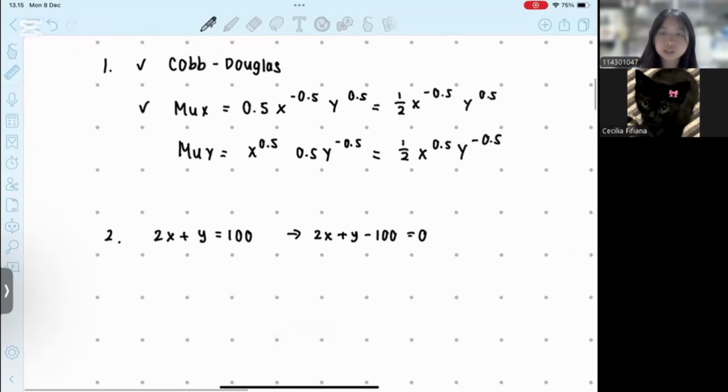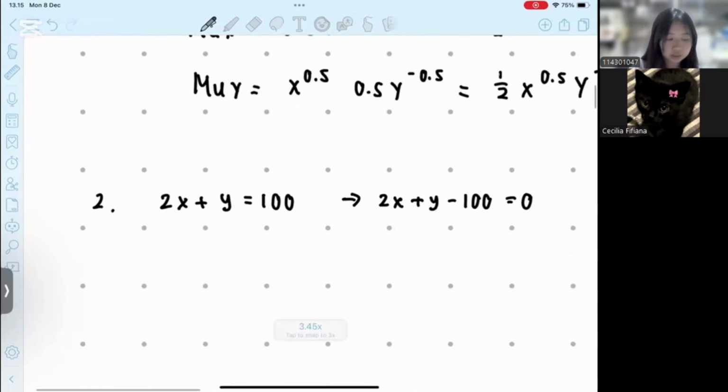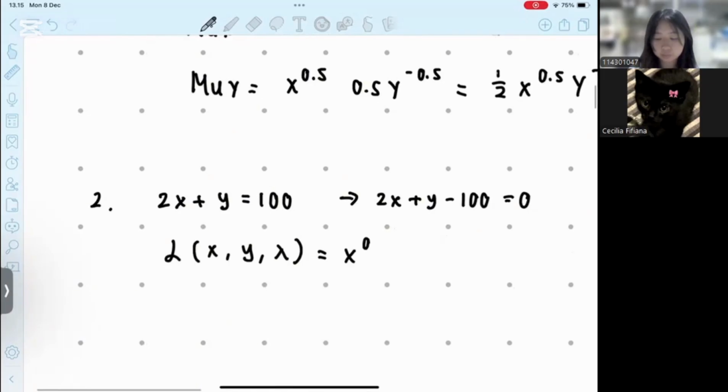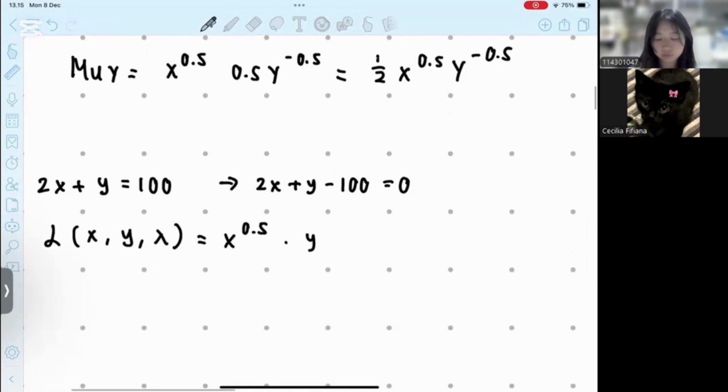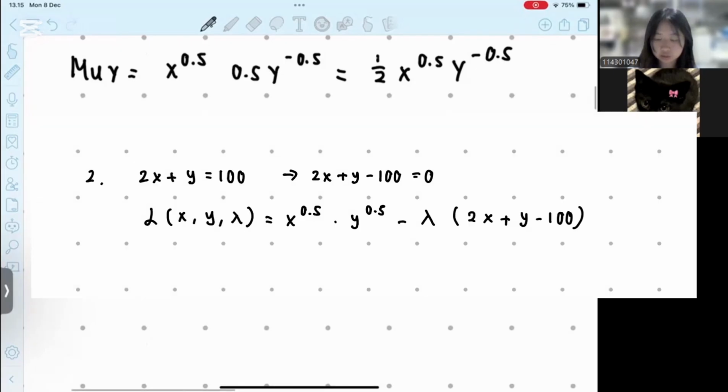And then we were asked to set up the Lagrangian function for this optimization problem. So it'll be Lagrange of x, y, lambda equals x to the 0.5 times y to the 0.5 minus lambda times the budget constraint, which is 2x plus y minus 100.